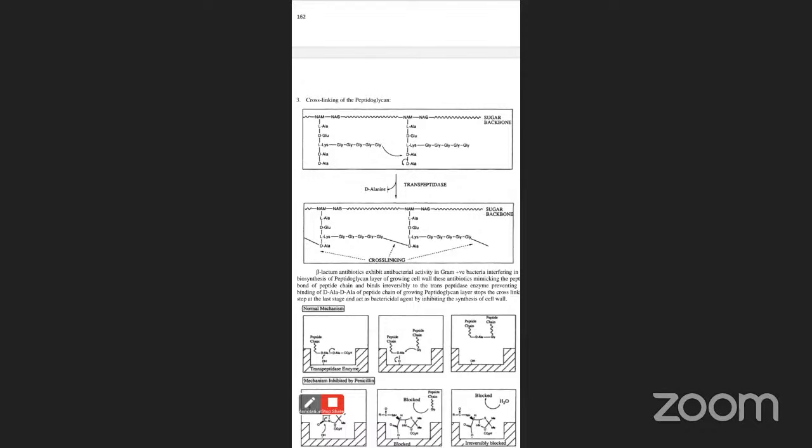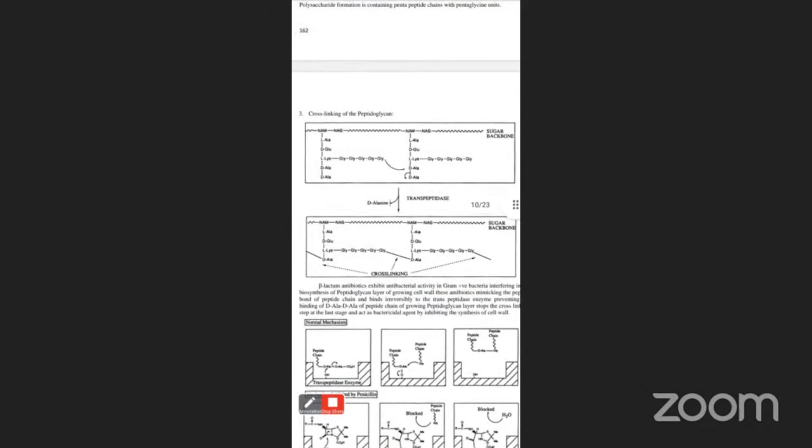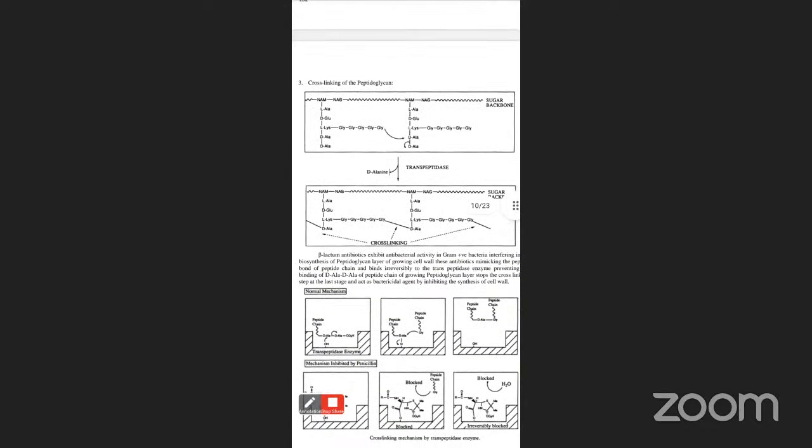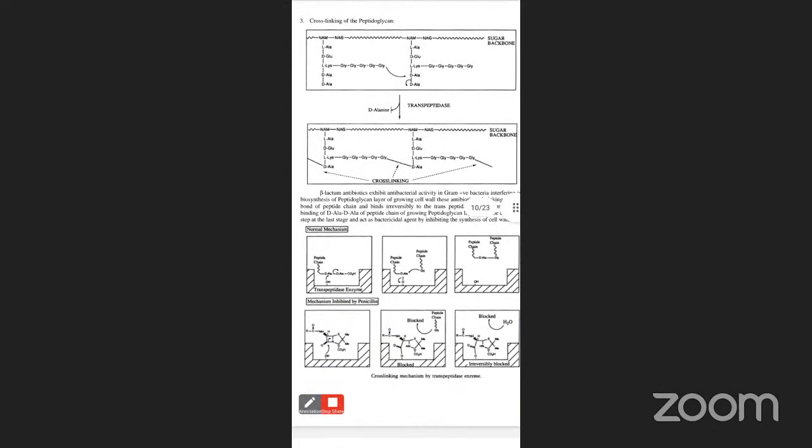Okay. So next, the third step is the cross linkage of the peptidoglycan, right? Due to the cross linkage, the cell wall preparation stops there. This is the final step in the cell wall preparation, cross linkage of the peptidoglycan. This cross linkage of the peptidoglycan takes place on the transpeptidase enzyme, right?